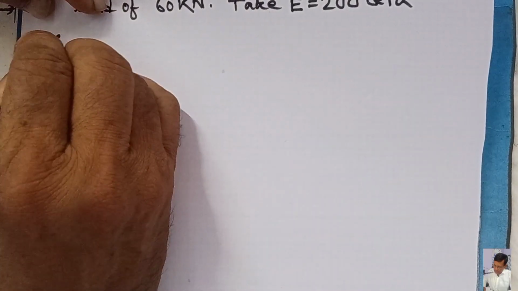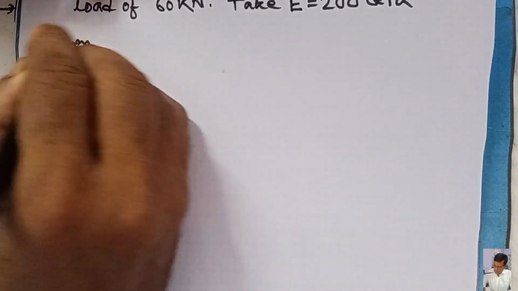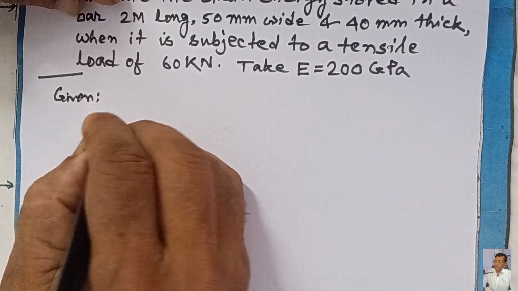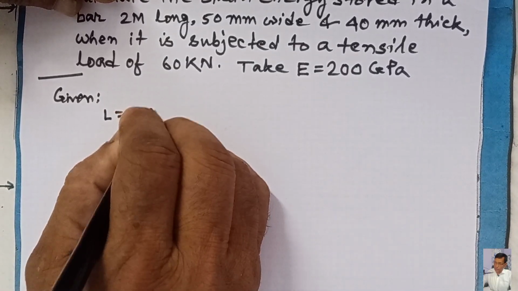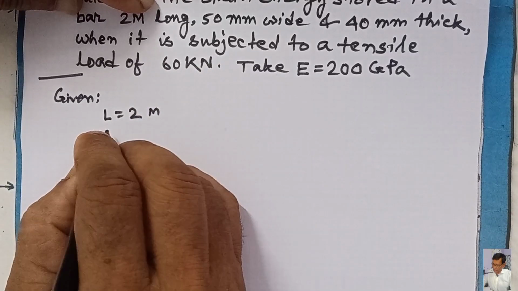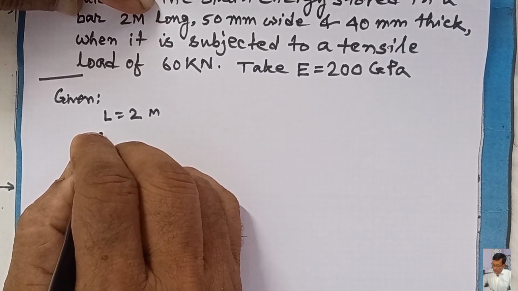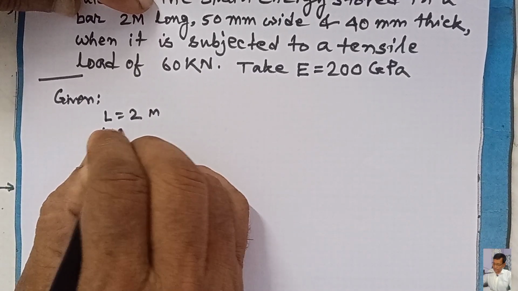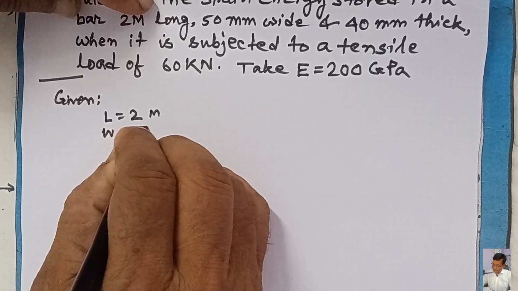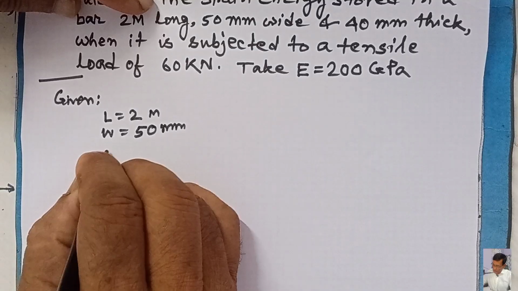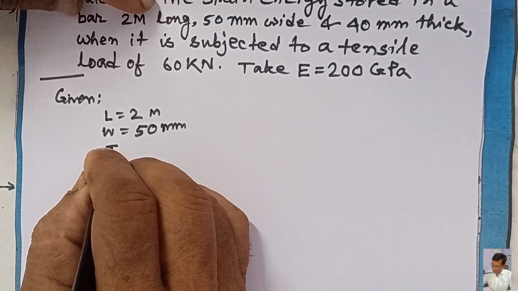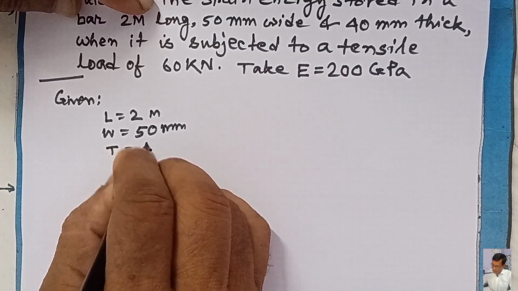Here given length of the bar 2 meter, width of the bar 50 millimeter, thickness of the bar is 40 millimeter.